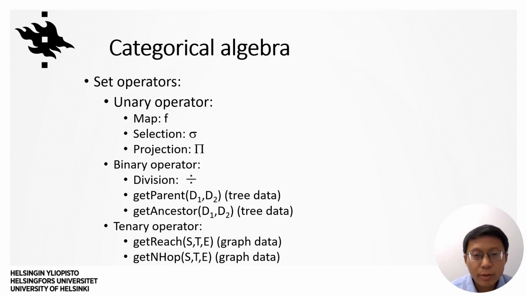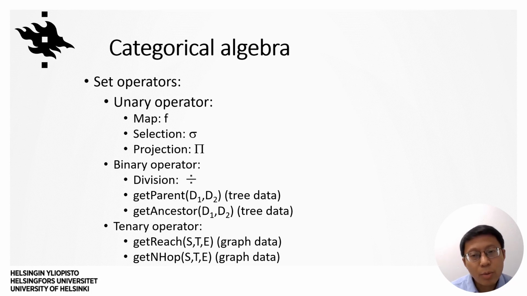Then selection sigma means that we just select a subset. Projection means that we can map one relation object R to another relation object R prime. Then R prime just selects the columns from this original object R.